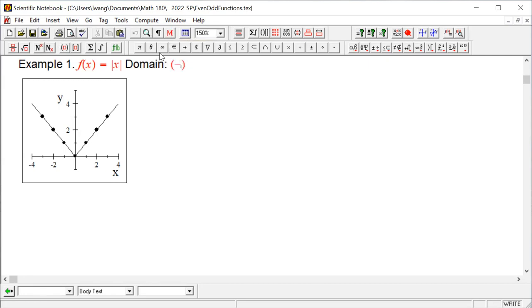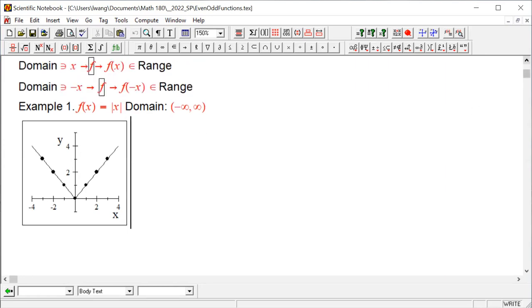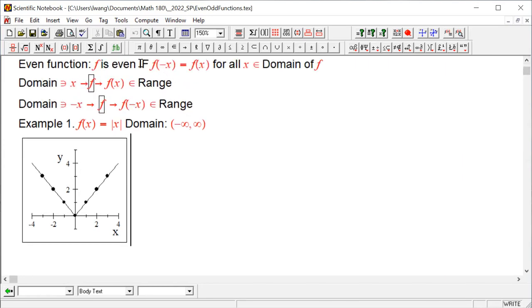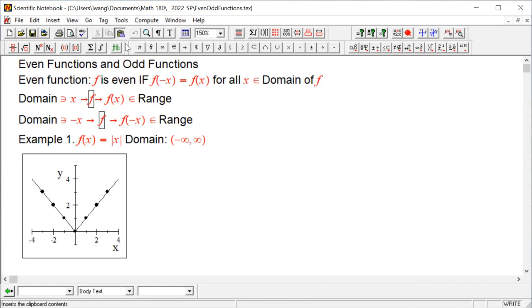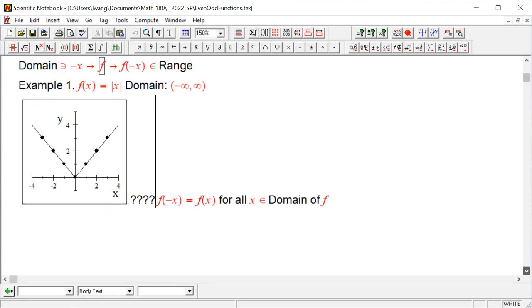Okay, so is it true? This has to be true to make it an even function. So I put a question mark here for that criterion.